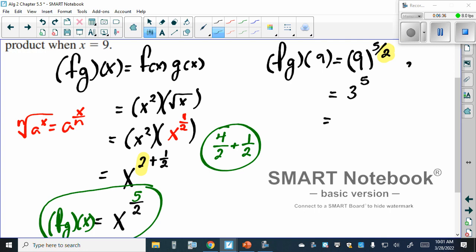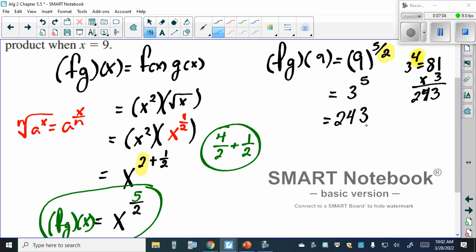Now, 3 to the 4th is 81. If we multiply that by 3, we get 243.